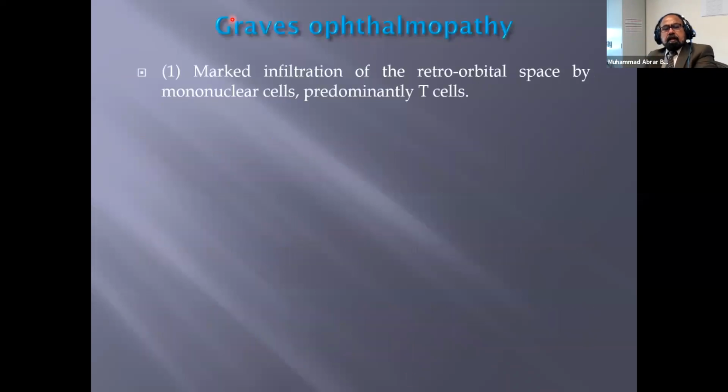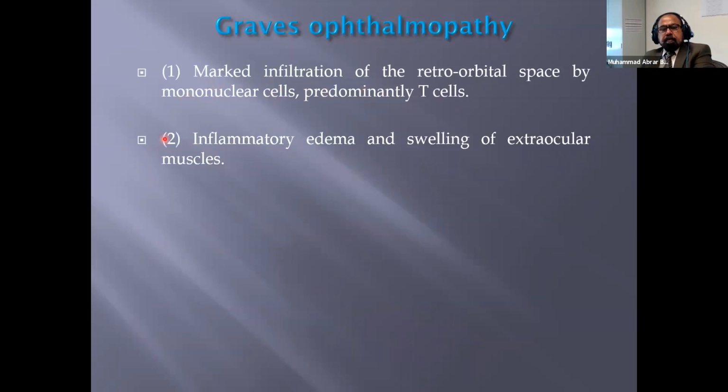What happens in exophthalmos in Graves disease? There is marked infiltration of the retroorbital space by mononuclear cells, T lymphocytes, because of these antibodies directed against structures in the eye.